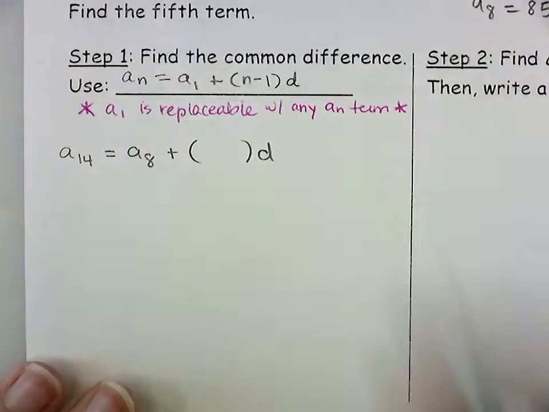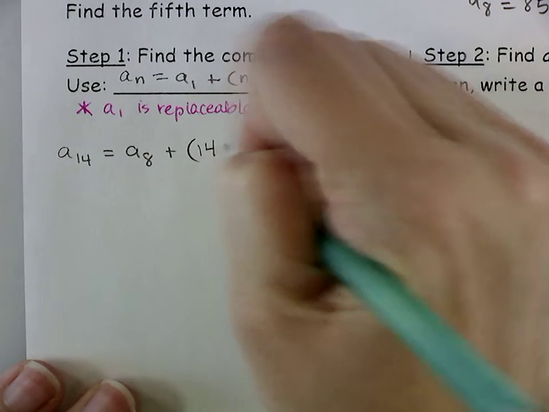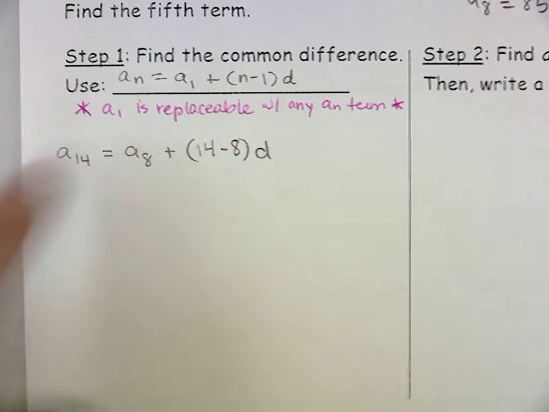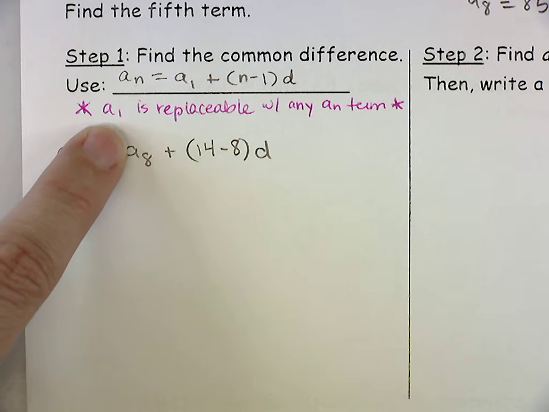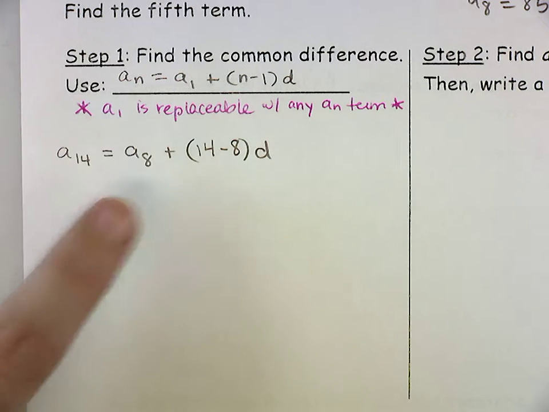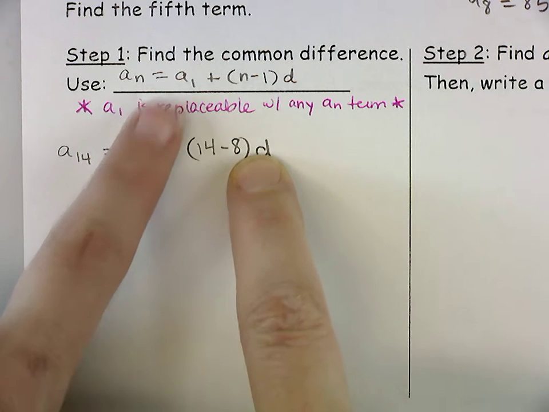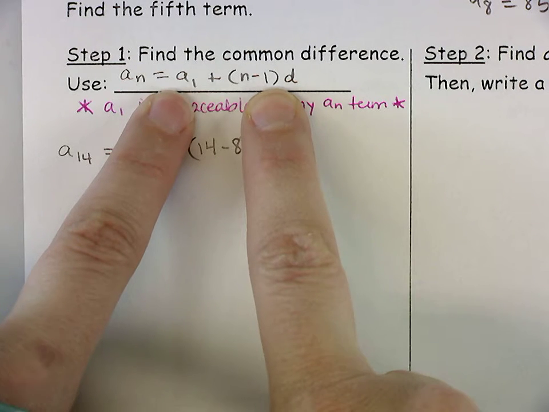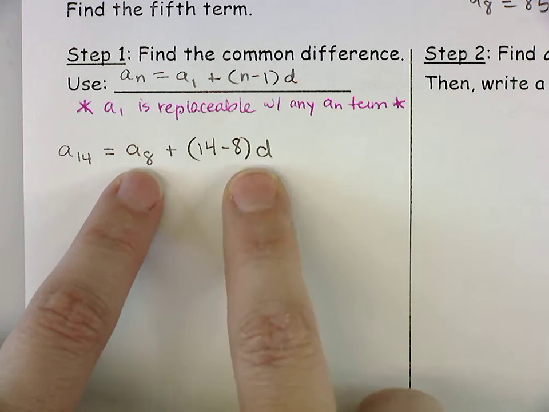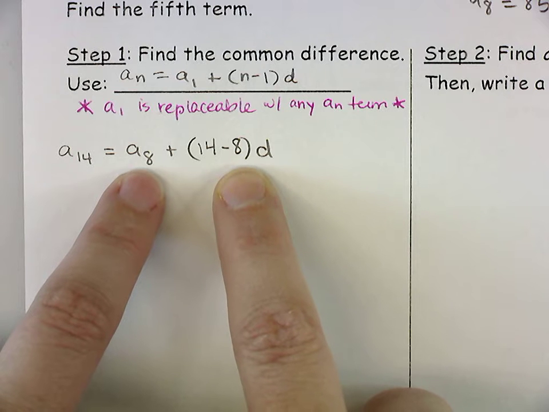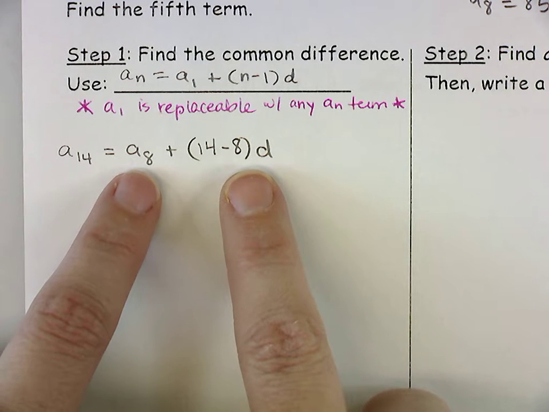And I want you guys to look at what the difference is going to be here. Okay, so if you replace a sub 1 with a sub 8, look and see what happens. See how with a sub 1, your number here is 1? When I change it to a sub 8, what did my number change to? 8. So whatever your n term is, those are going to be the same.